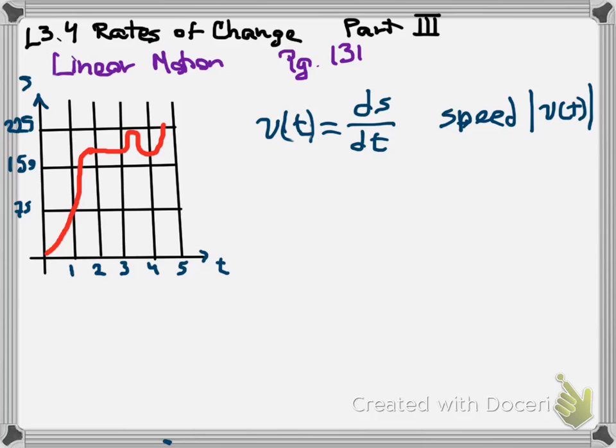So that means that the car is speeding up in this first hour and then slowing down in the second hour. So this is speeding up and this is slowing down. Still advancing, still a positive slope, but slowing down.